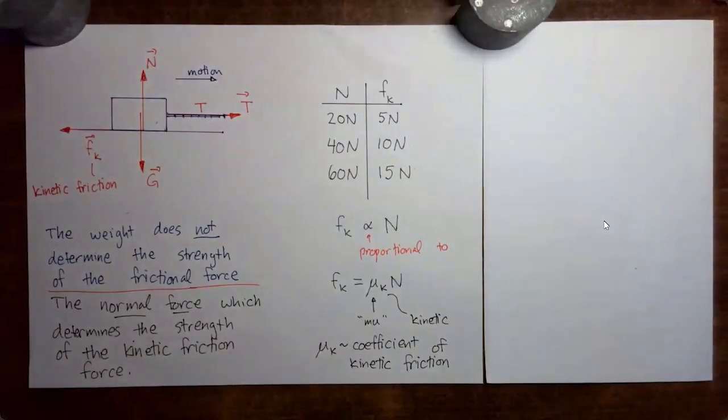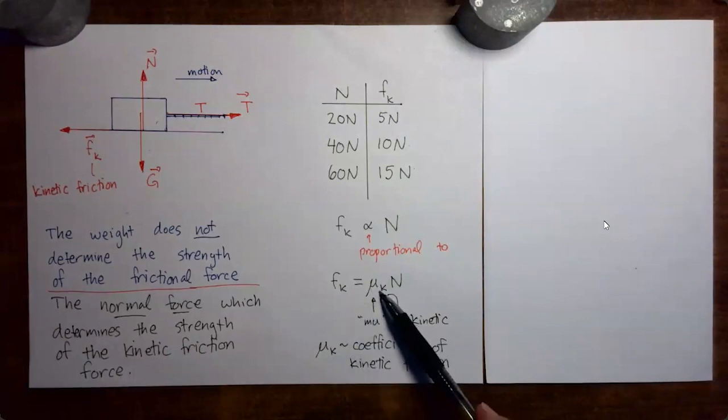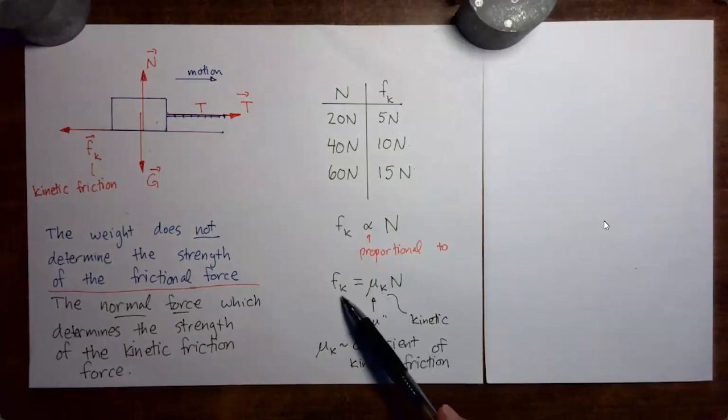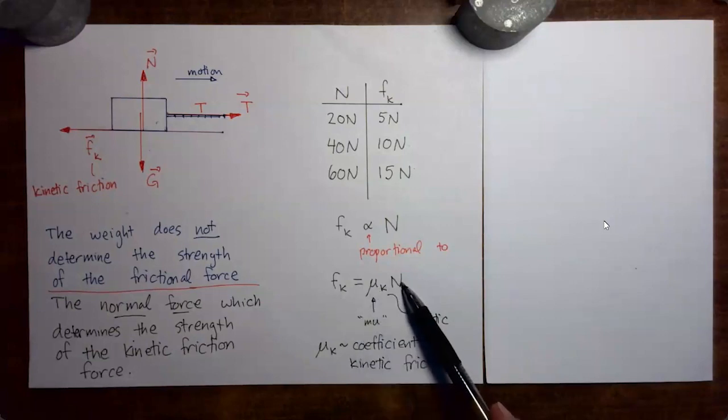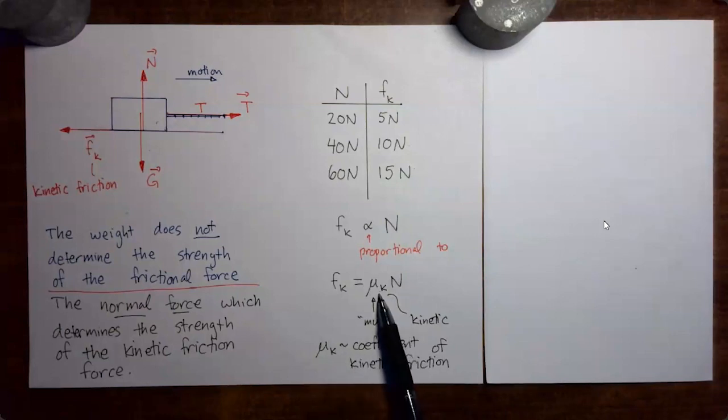Okay, so basically, bigger coefficient of kinetic friction means you get a stronger frictional force for the same normal force. So when is the coefficient of kinetic friction big? The coefficient of kinetic friction is big if you have a surface which is very rough or very sticky.